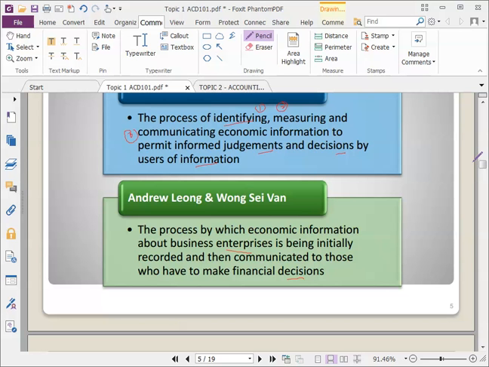That is information. We gather all the information, record it, keep it, and the data about the price we must record in our financial statement. That is accounting. So that is the process.